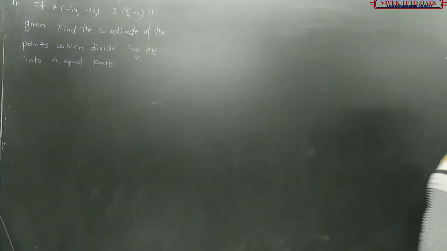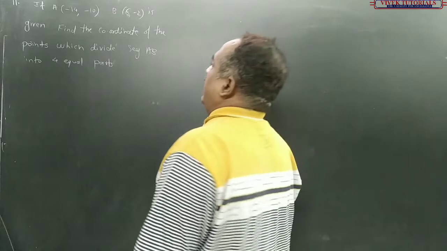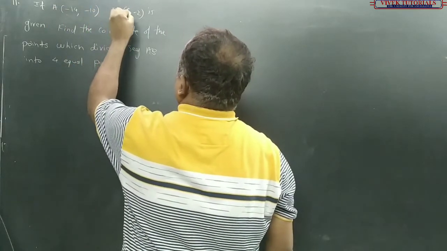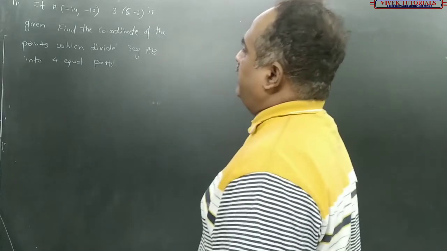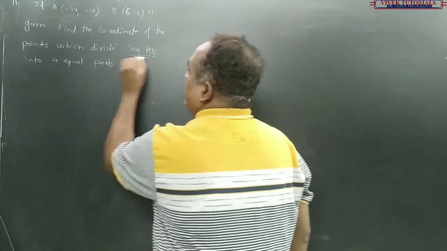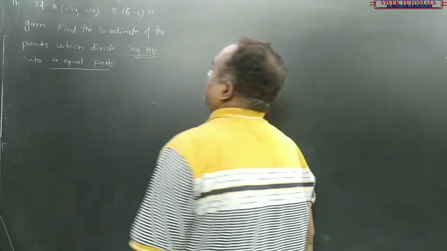Now students, we are on the 11th question. If A minus 14, minus 10 and B 6, minus 2 is given, find the coordinates of the points which divide the segment AB into 4 equal parts.